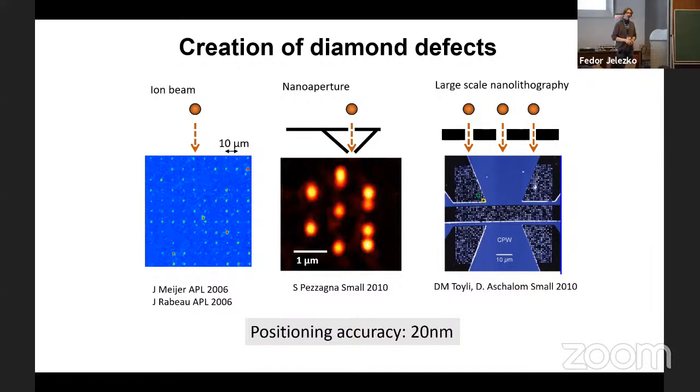So to implant nitrogen, you can do pretty well, but not every nitrogen gets converted to NV, and this is another challenge. I'm not going to discuss this one in much detail, but implanting nitrogen can be done reproducibly and even, with a very interesting new approach, with 100% accuracy that we are going to see.